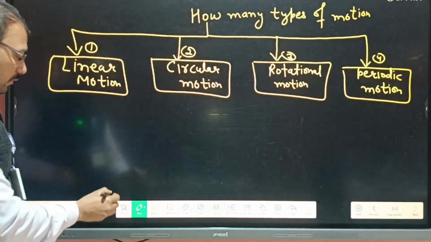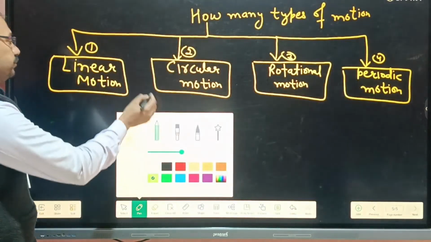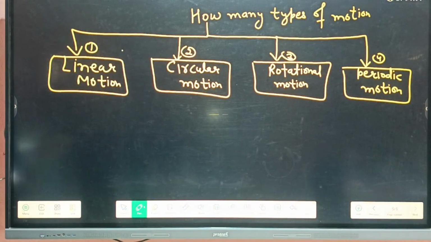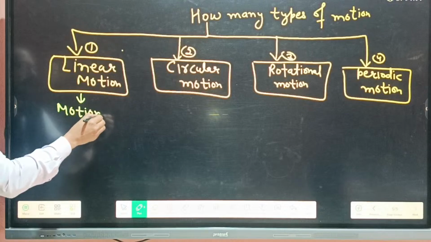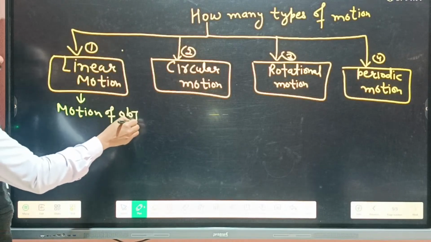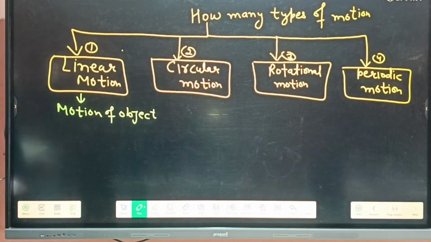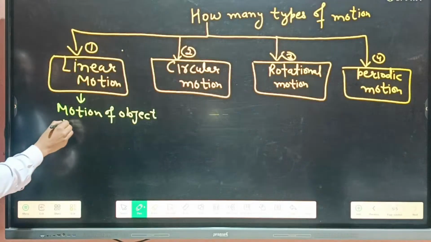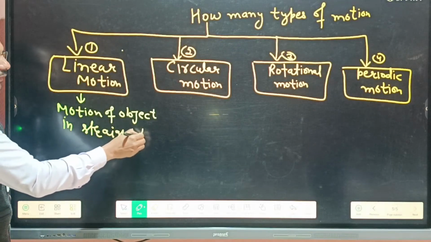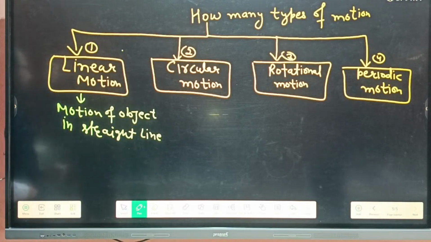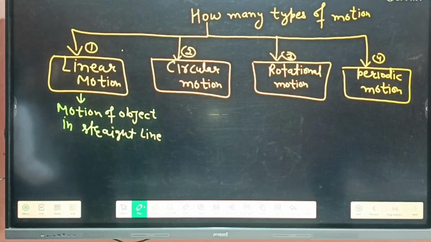Okay. So here, what are the definitions of these? First, what is the definition of linear motion? This is the motion of an object in a straight line. For example, any object that moves in a straight line is known as linear motion.